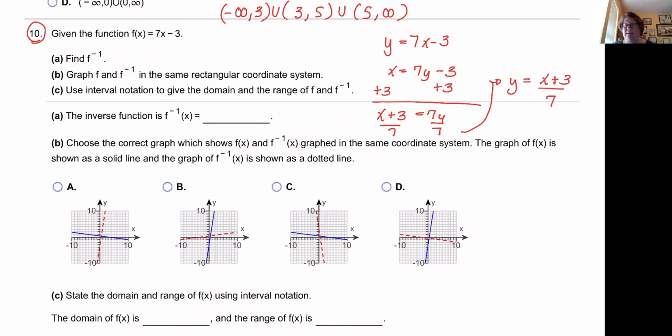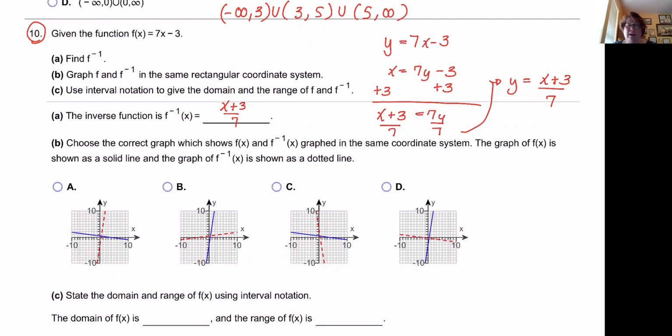As a matter of fact, it's a linear function, because the exponent on the x is 1. So both the function and its inverse are linear, they're lines. So let's go ahead and type in x plus 3 over 7 is the inverse.